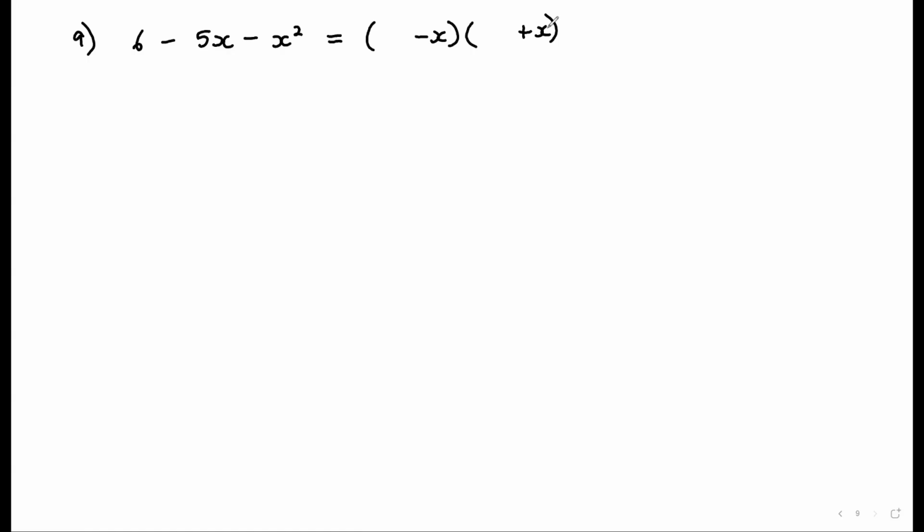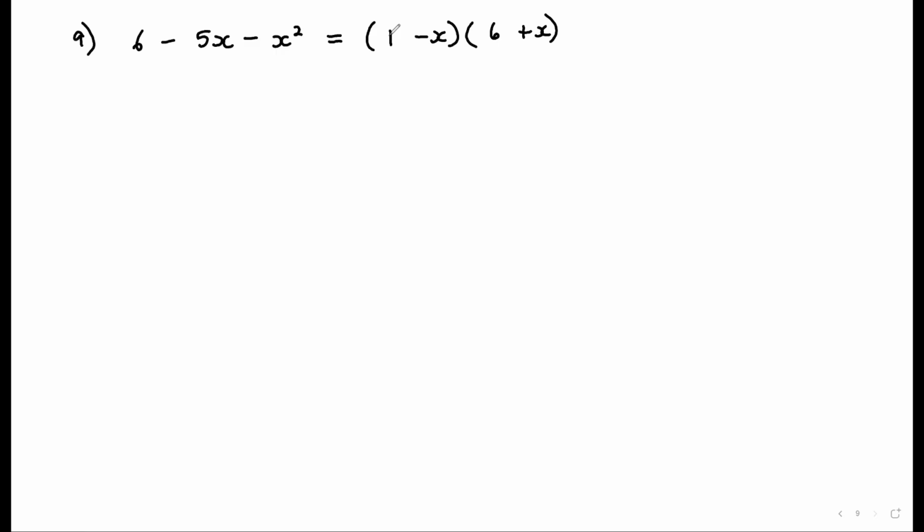So I ask myself, what two numbers will multiply to give me 6, and at the same time, add or subtract to give me -5. So it's going to be 6 and 1. Oh wait, actually, I'll have to change the signs. It'll be 6 plus x and 1 minus x.